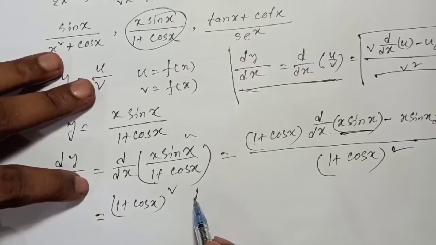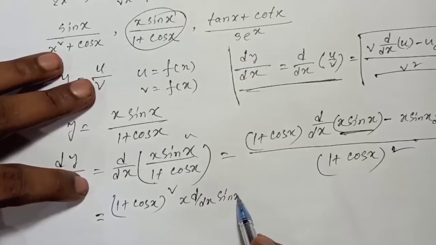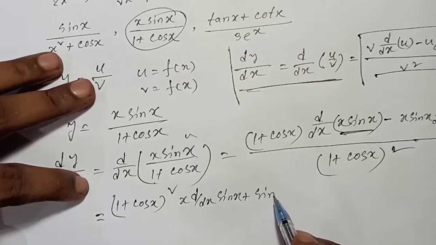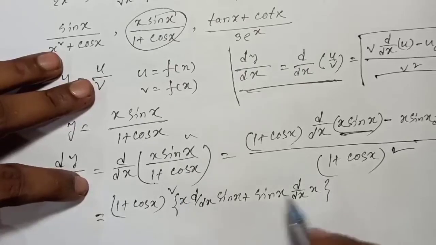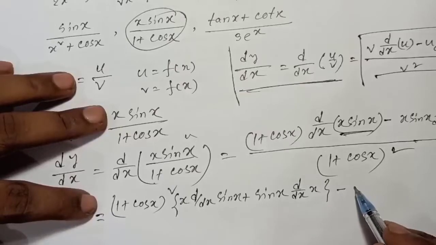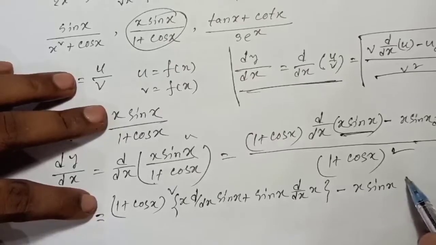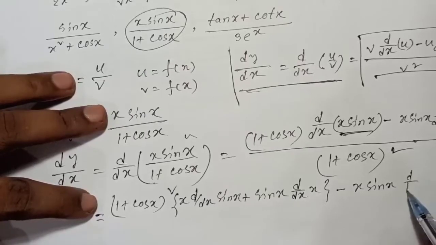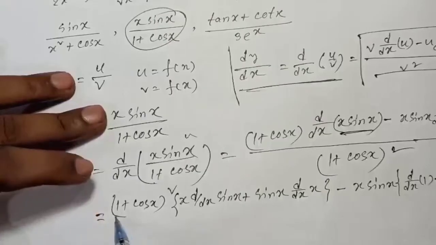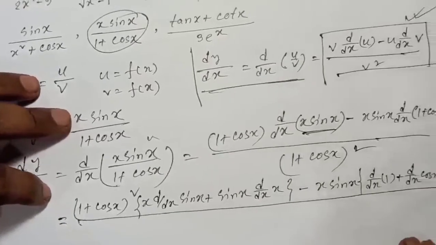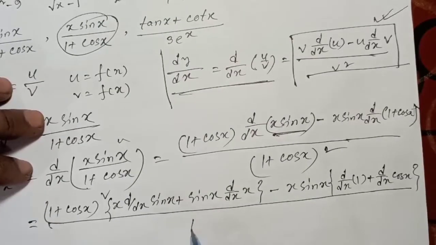So we have to write, for x d/dx of sin x plus sin x, which will be constant, and d/dx of x, here is the bracket, then x sin x d/dx of 1, you have to write it down, and then d/dx of cos x. Wow, what a large part. Then 1 plus cos x whole square.